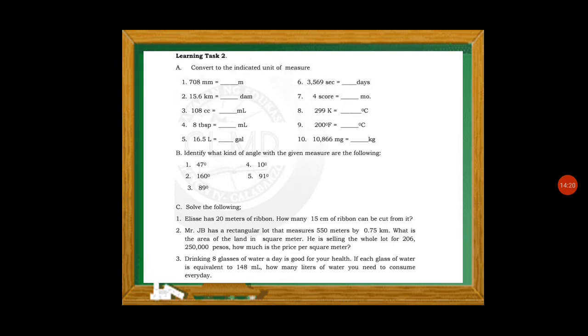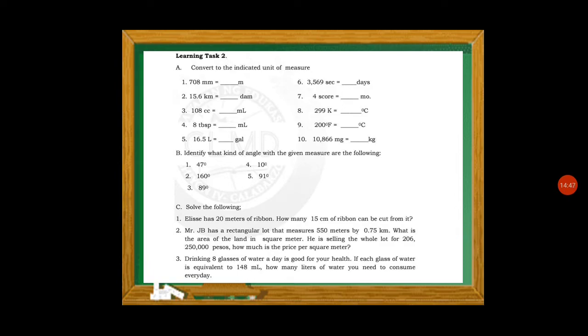You have to multiply by 1000, because the given is 108 cups and 1 cup is being given as liters. So you have to convert it to liter first, and you have to multiply it by 1000.